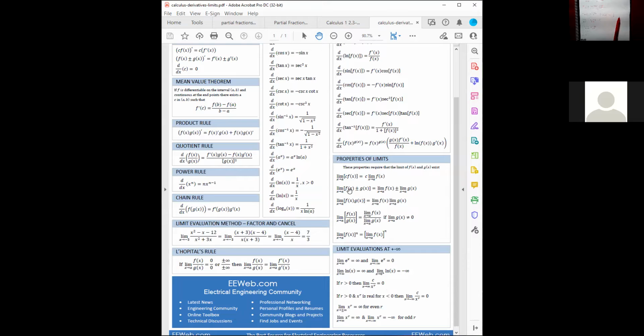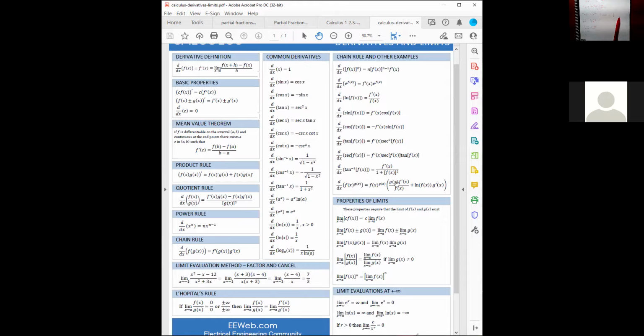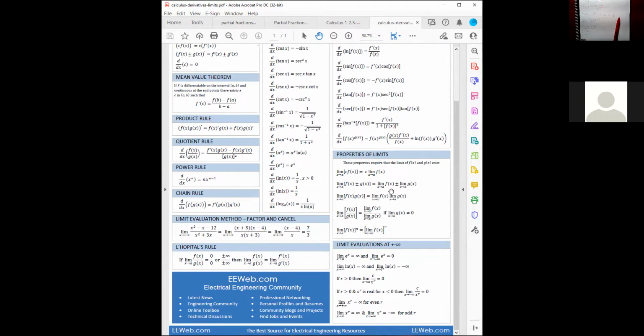If you have a product, you can do a limit separately and then multiply those solutions together. Same thing with division and powers. These will be somewhat helpful for this section. All this other stuff will be for chapter 3, so don't worry about it yet. We are here right now.